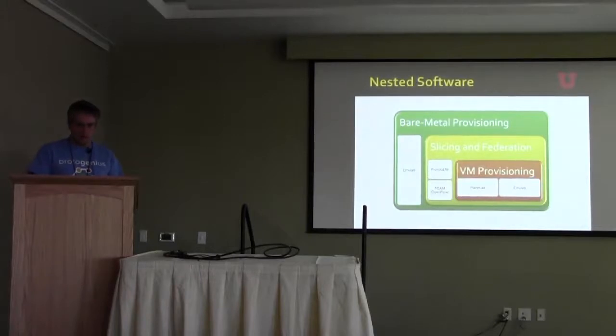The Emulab software has a container-based solution for providing something like a virtual machine on the rack, and we're also using the Planet Lab software on some of the nodes, so that it'll come up and look like Planet Lab nodes.